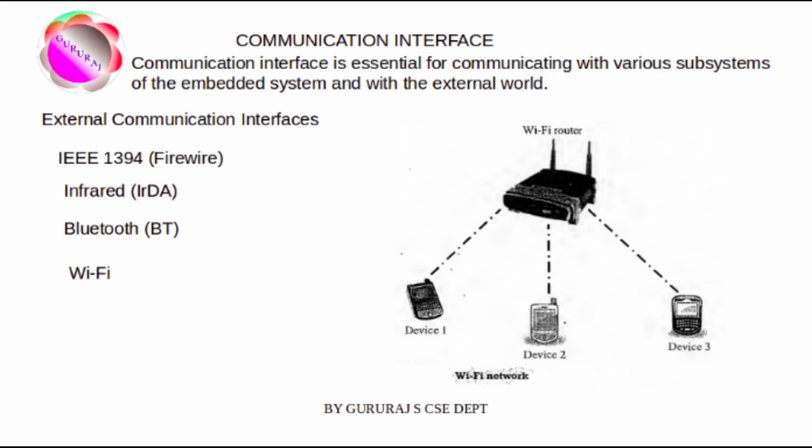The Wi-Fi router is responsible for restricting access to the network, assigning IP addresses to devices on the network, and routing data packets to intended devices on the network. Wi-Fi enabled devices contain a wireless adapter for transmitting and receiving data in the form of radio signals through an antenna.